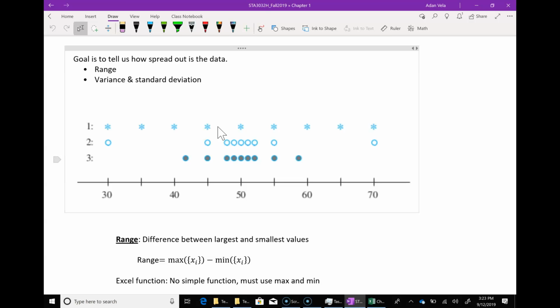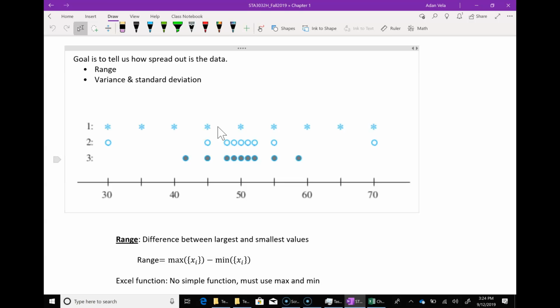Variance is a measure of how far things are spread out, kind of. The second one has a smaller variance, right? It's still spread out, but most of the data is actually concentrated. And then finally, the third data set, with the circles with the blacks filled in, has the smallest variance, okay?